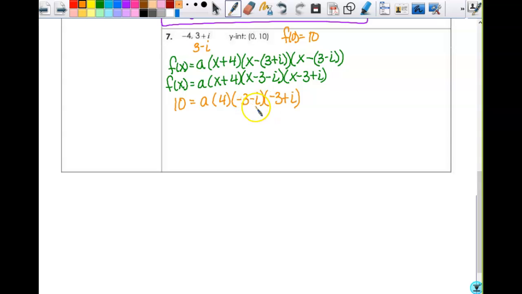What do we call it? Difference of squares, okay? So I'll have 10 equals a times 4. So I can square the first one, that becomes 9, minus, and then when I square i, i squared gives me a negative 1. So this becomes 10 times 4, so I get 10 equals 40a. So a equals 1/4.